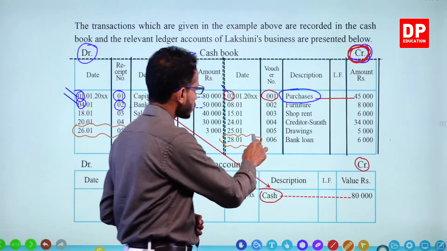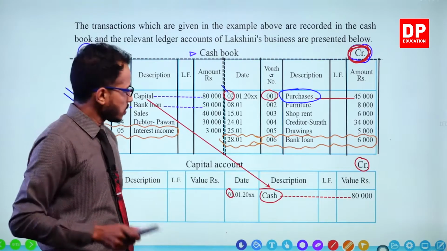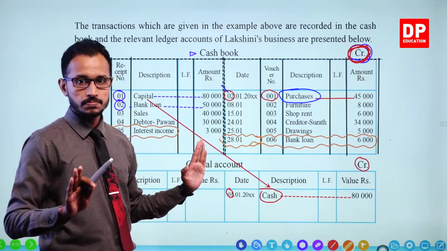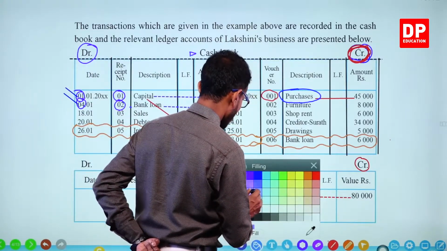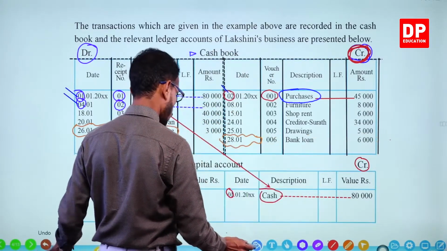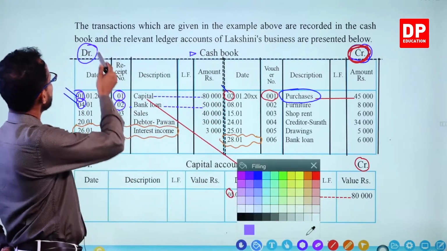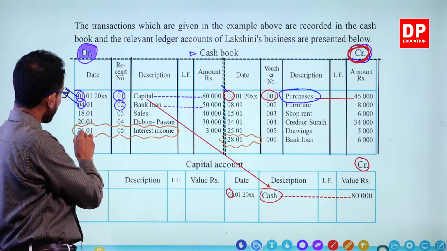I'm talking about the last transactions on the debit side and on the credit side, the last transaction of the month. This is the debit side. We have the last transaction on 26th.